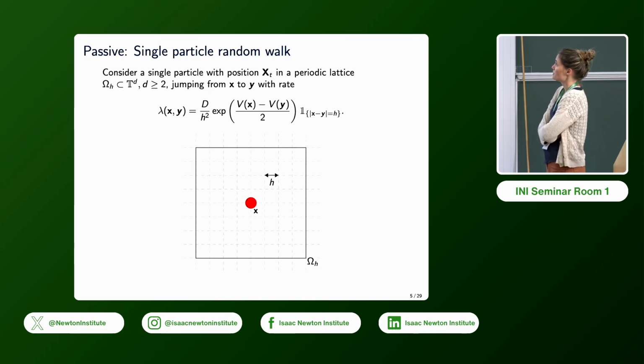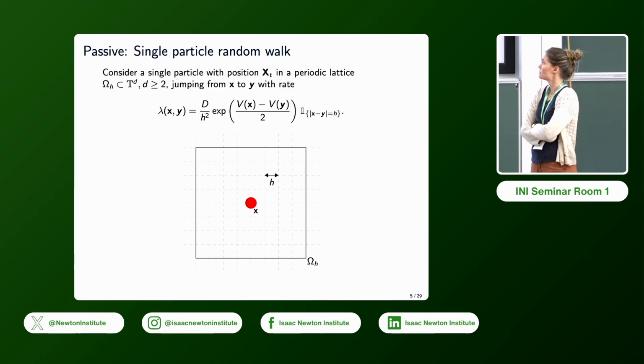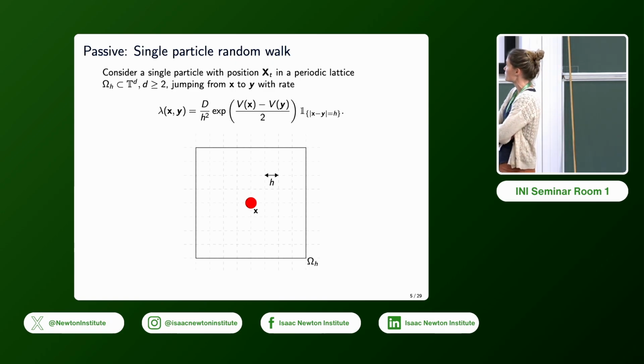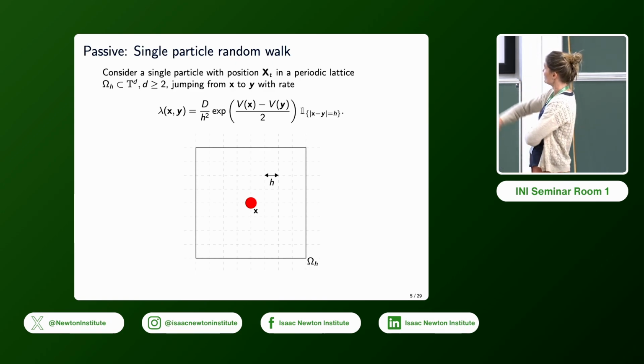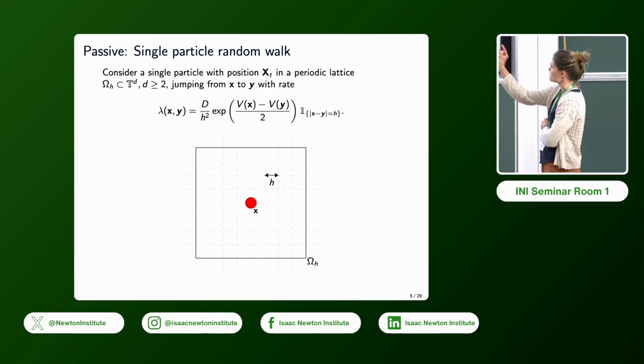So if v is 0, we just have symmetric jumps, with the scaling that's exactly what Rob had in the talk this morning as well. The symmetric jumps are D over h squared, and they only happen between neighboring sites, so the spacing of the jump has to be h.